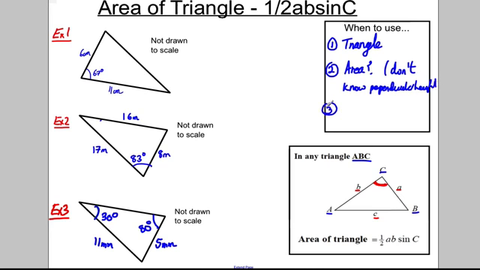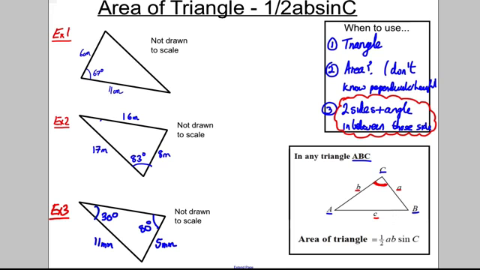And more clearly, you use this rule when you're given two sides plus the angle in between those sides. So it's really important. That is the key one. If you ever see two sides given and the angle between, and you're working out the area of a triangle, turn to the front of your formula booklet and use this.